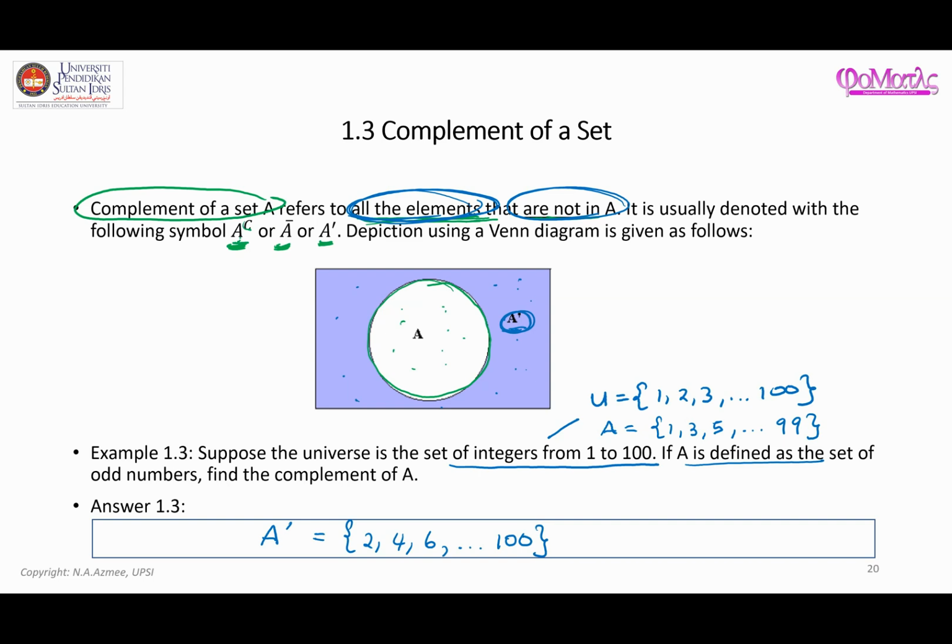So another possible answer is you can write down the complement of A as the set of values of x, where x is an even number from 1 to 100. So this is in terms of set builder notation. Either way is fine really, okay?